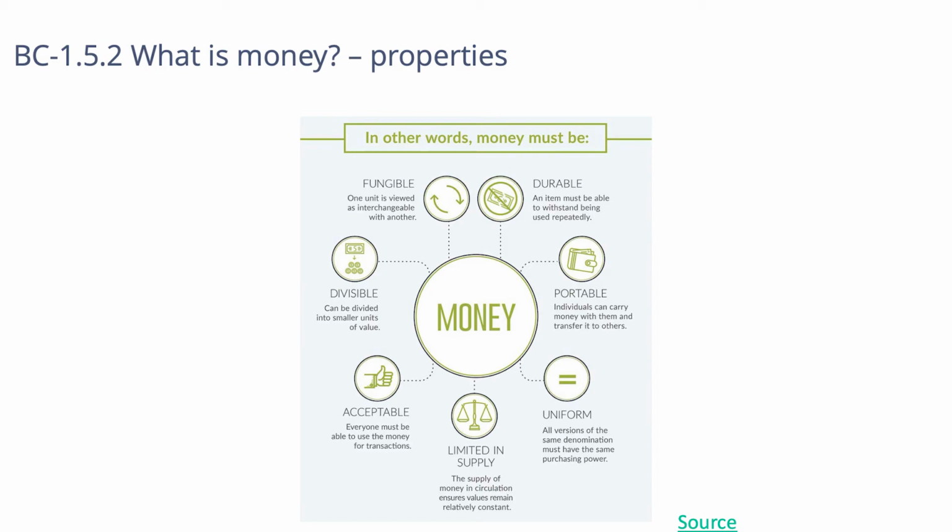Also, a fourth property which you don't always encounter in this overview is that it should be limited in supply. By making something scarce, you will make something valuable. So that's a downside of, for example, when you compare gold with fiat. Fiat is not limited in supply and therefore is not as valuable as gold.